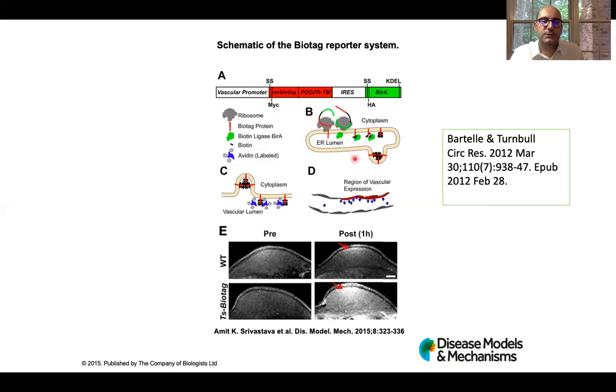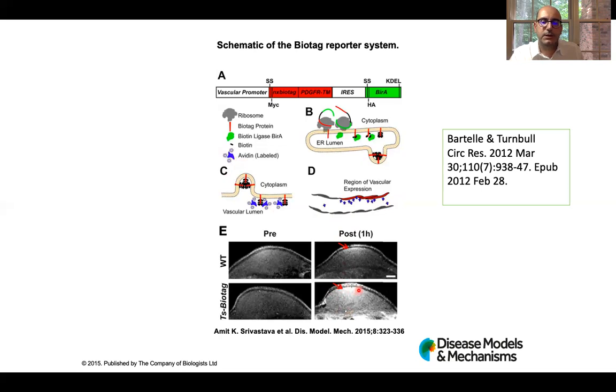So when the cells express this construct, the protein is produced and expressed on the cellular membrane facing the vascular lumen, the inside of the blood vessels. When you inject avidin labeled with gadolinium, you can see that the gadolinium binds to the biotinylated biotag, and it is retained on the blood vessels.